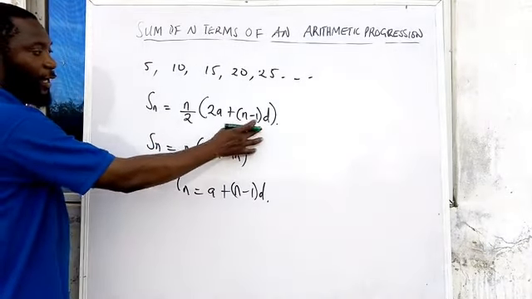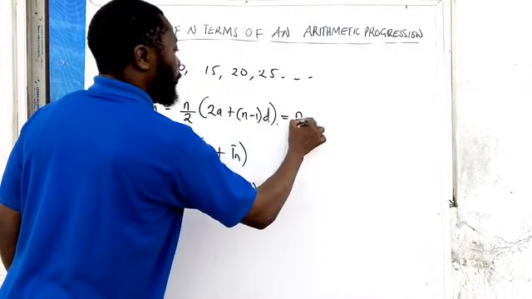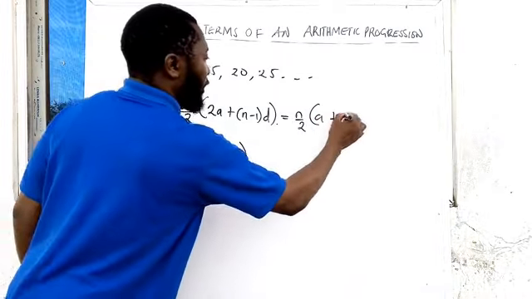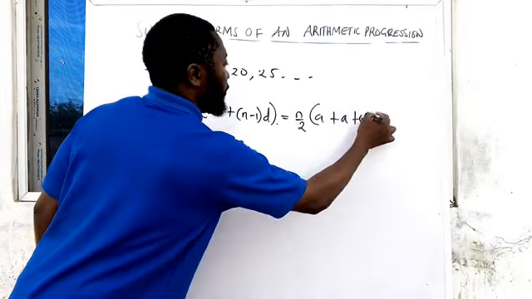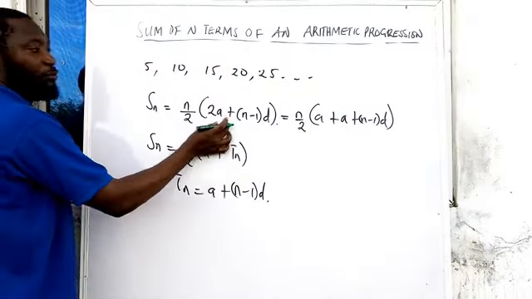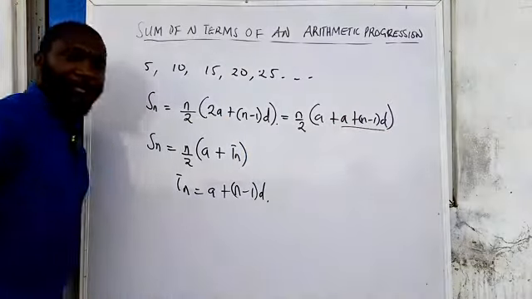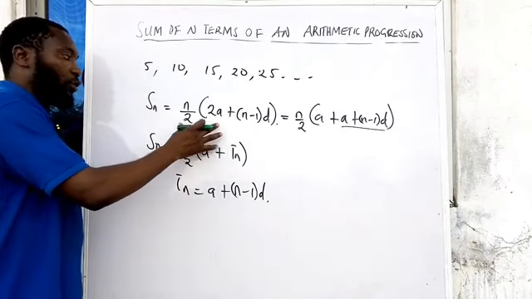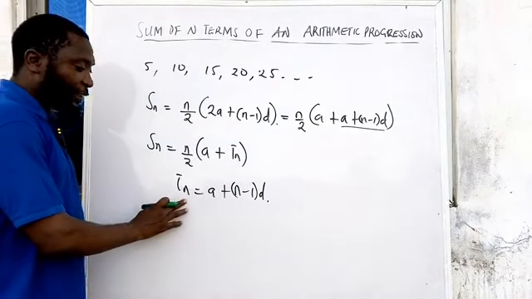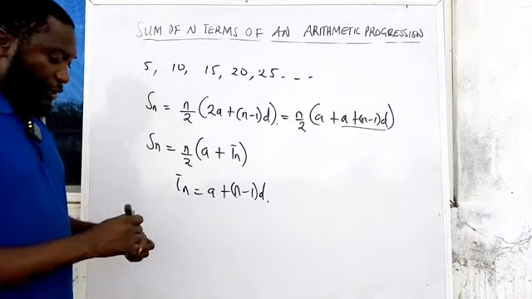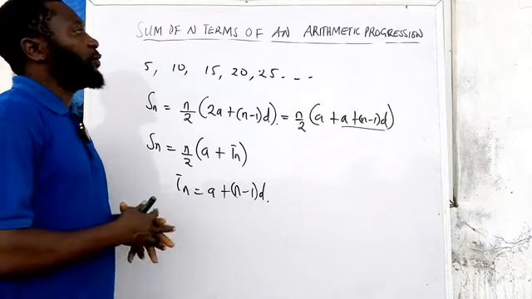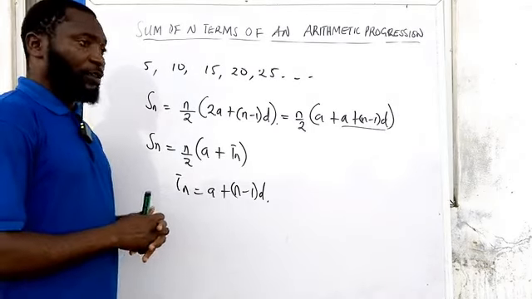We can rewrite this as n over 2, open bracket a plus tn, and my tn is this plus a plus n minus 1 d. So by the time we add these two a together, we get 2a. Meaning this part is our tn. So the sum of n terms can be written in this form or this form, where the nth term itself is given as this. And this is basically the formula to calculate the partial sum of a given series.